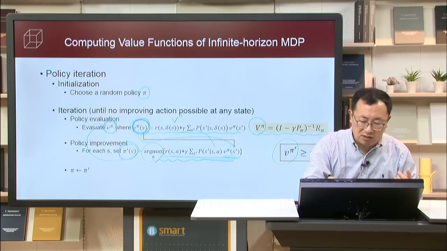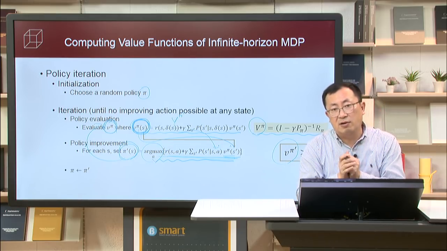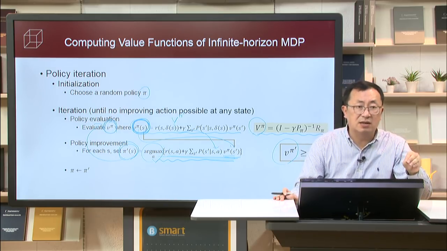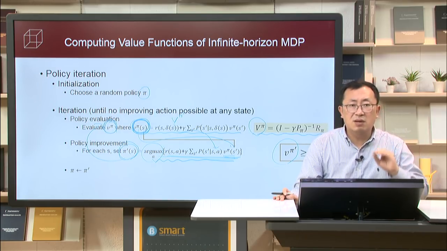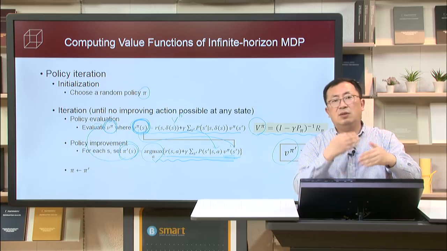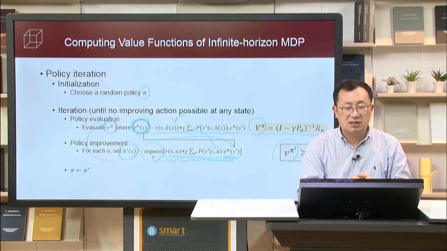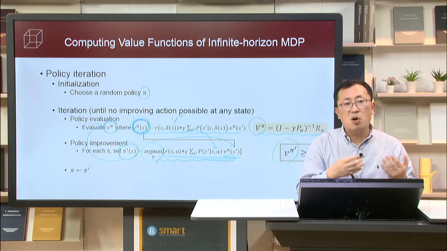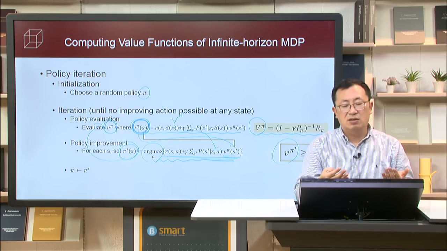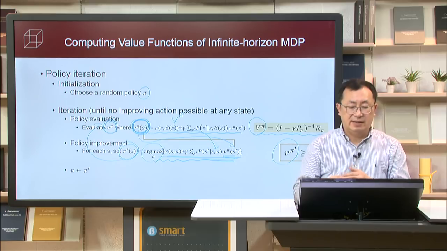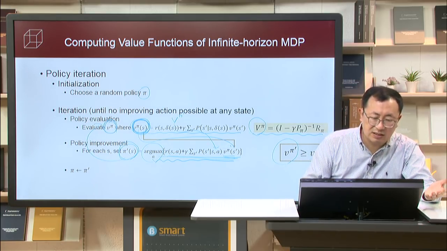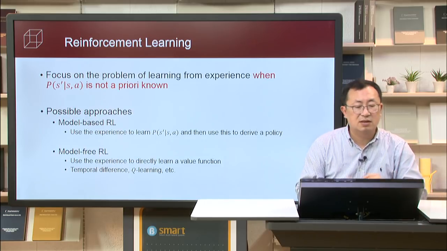Then you plug this number into the right-hand side of the Bellman optimality equations to find the updated policy in the policy improvement step. You keep alternating these two sub-steps until no improving action is possible at any state. That is the concept of policy iteration.